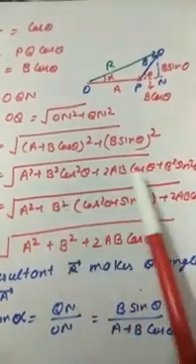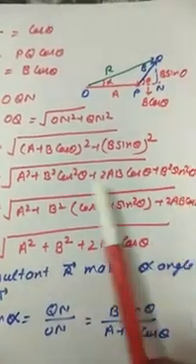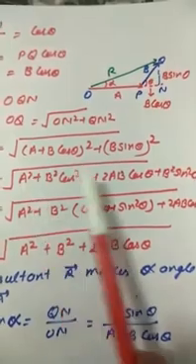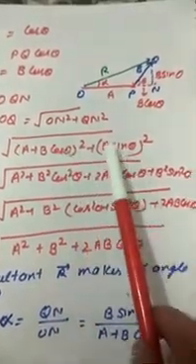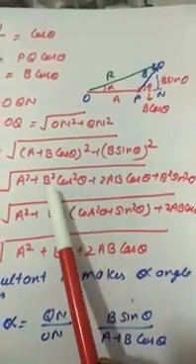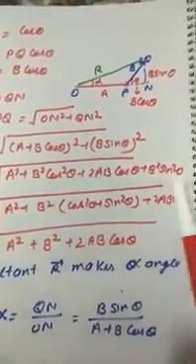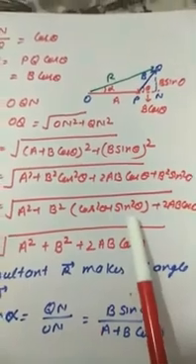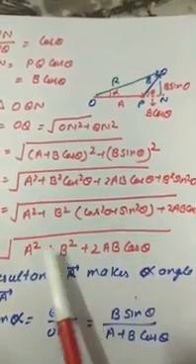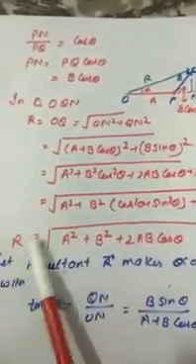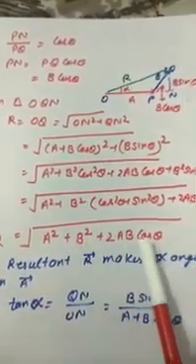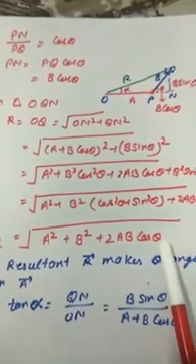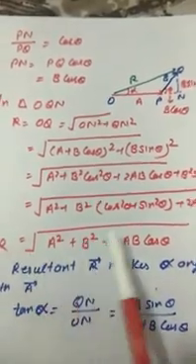By solving it, squaring A plus B cos theta and squaring B sin theta, and after that combining B square cos square theta and B square sin square theta, it will become B square, and R is equal to the square root of A square plus B square plus 2AB cos theta. And this is the magnitude of the resultant.